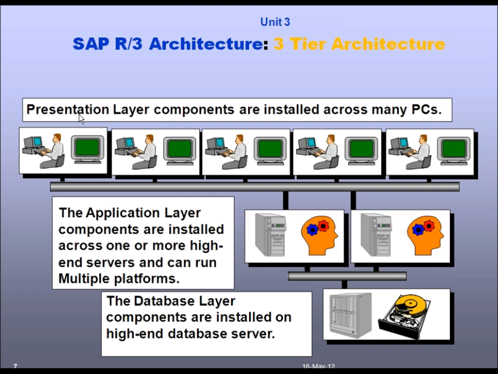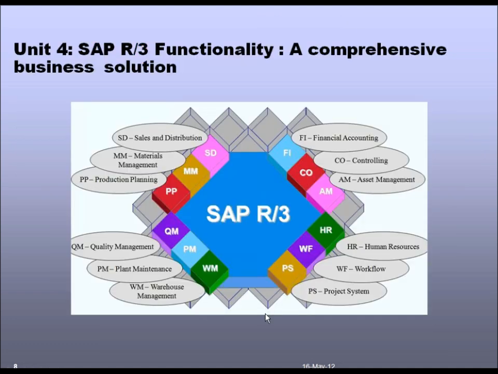That is one application available in the Yahoo server. So you could see the presentation layer contains only the GUI components, whereas the application layer is installed on either one or multiple machines. They are installed on the servers. Similarly, the database layer is where the database actually stores the data.